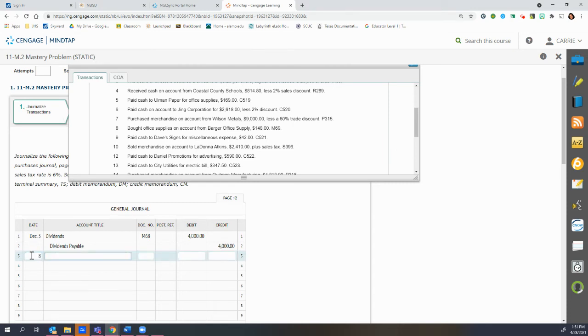So 8, and it's going to be office supplies. Oh, supplies office. And M69 for $148, and then it's accounts payable Barger office supply.